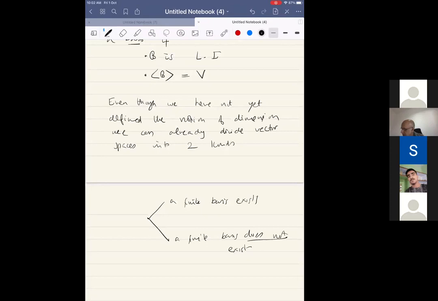And the first type we call finite dimensional, and the second we can call infinite dimensional.